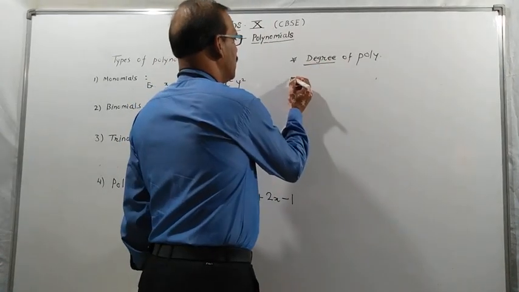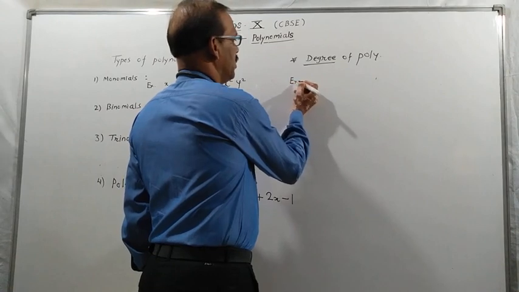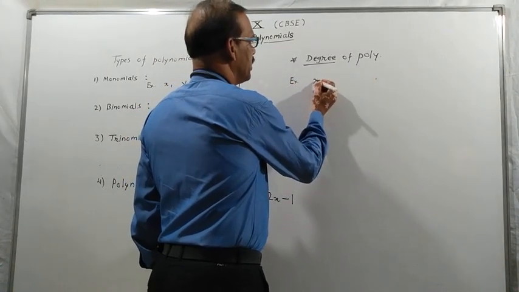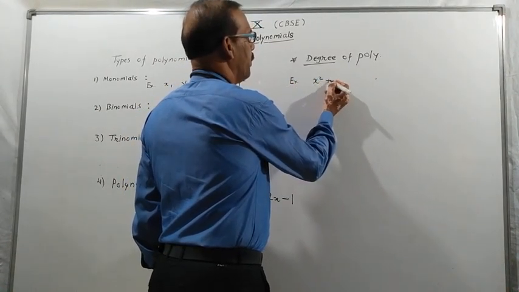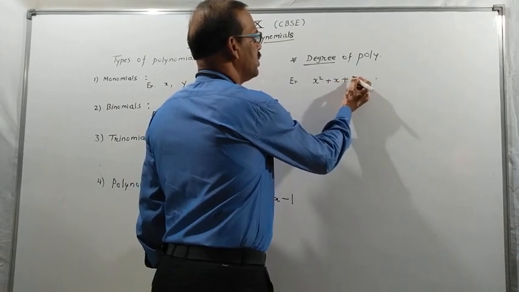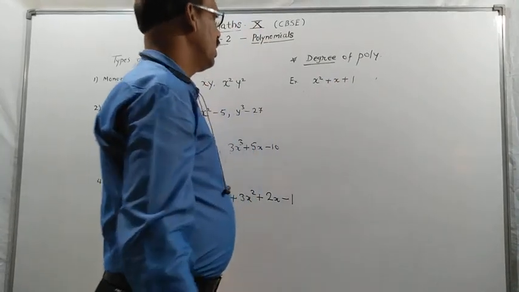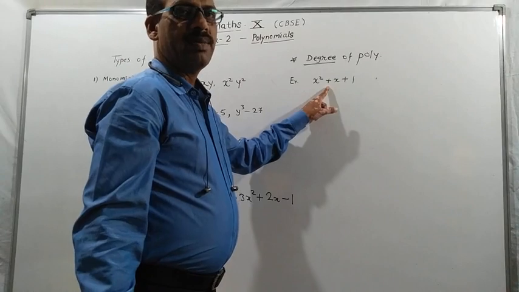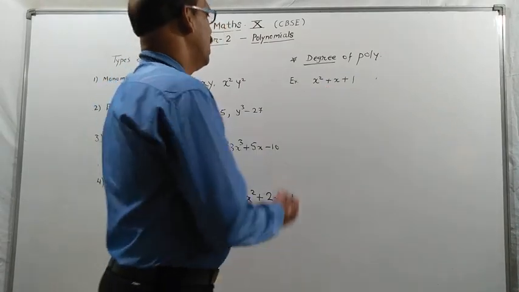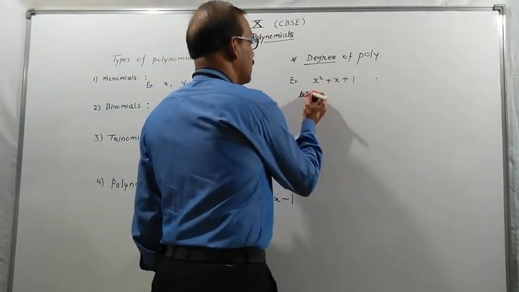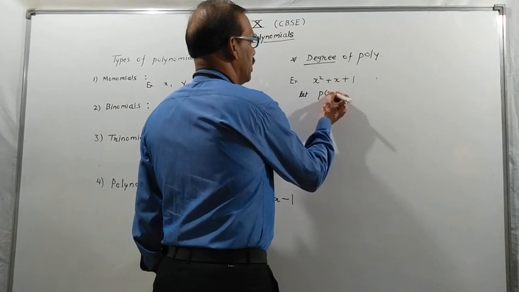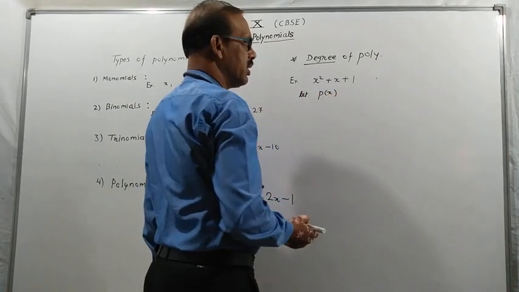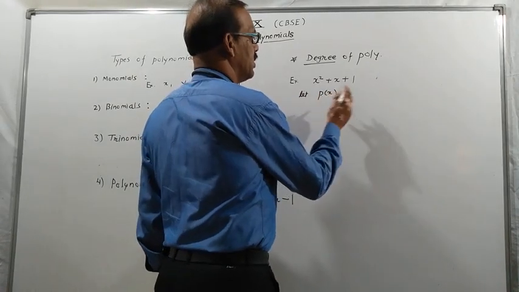One example is taken like this: x square plus x plus 1, given in the x variable. First, as studied in the 9th standard, we represent this given polynomial by p of x.